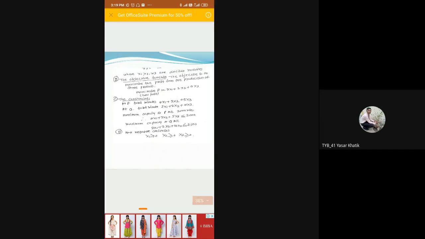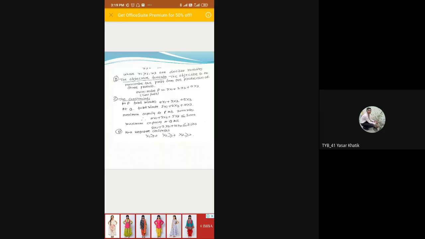For product B, how much time is given? 3. So 3 into x2. For product C, how much time is given? 5. So 5 into x3. And this total time should be less than or equal to 2000. This is related to our P type of machine.